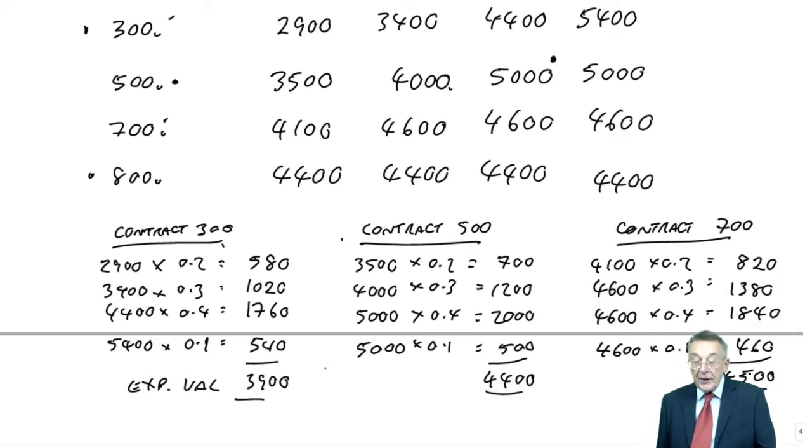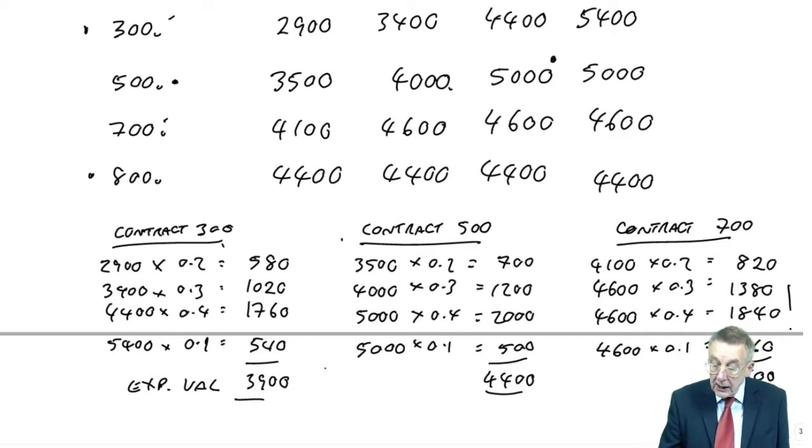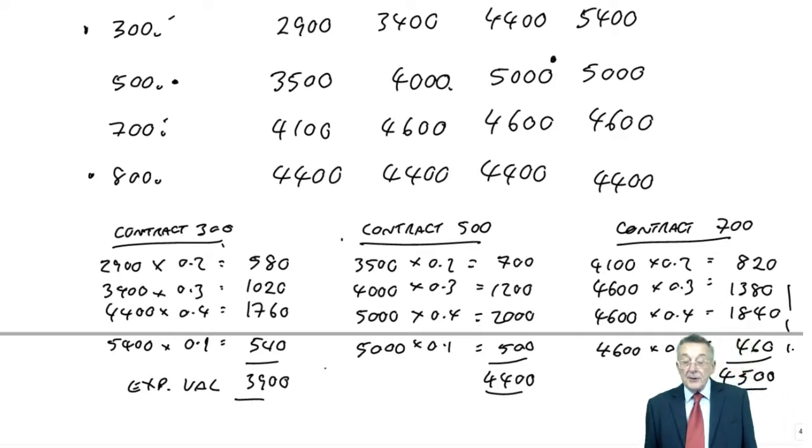Instead of multiplying 4,600 by 0.3 and then by 0.4 and then by 0.1, I could have done those last three in total by multiplying 4,600 by the total of them, 0.8.